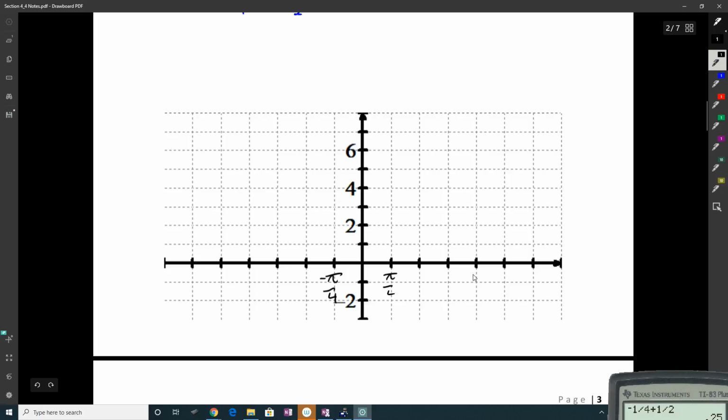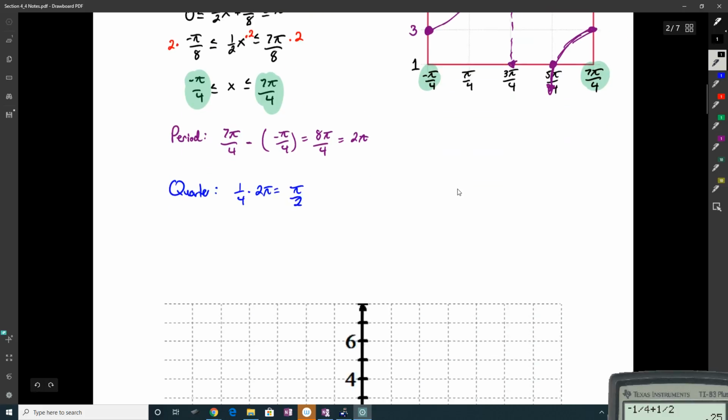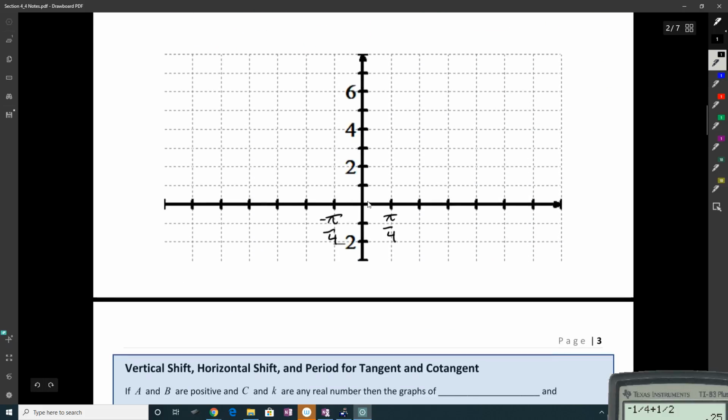Pi over 4. All right, so what was different here is notice that these are just one tick mark away. But because the way the graph is, I can't do that. 0, this middle point is 0. So I have negative pi over 4, pi over 4. These are separated by 2. That means that I need to keep all things equal.